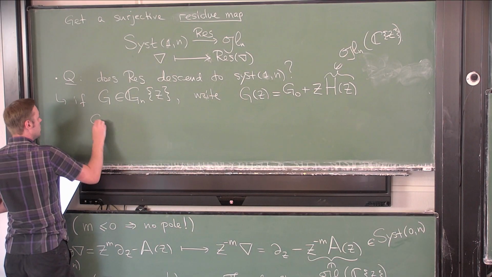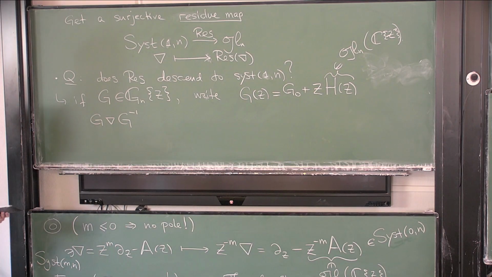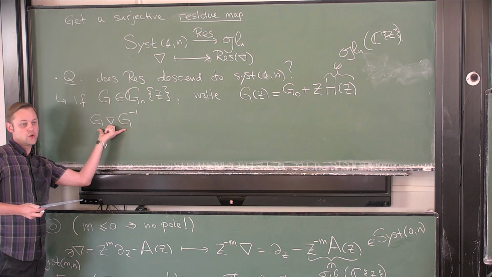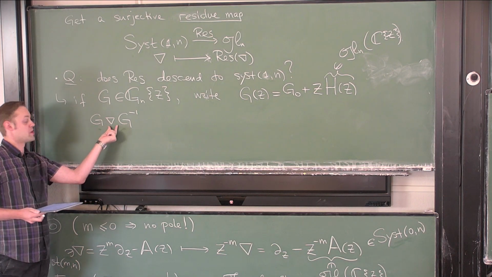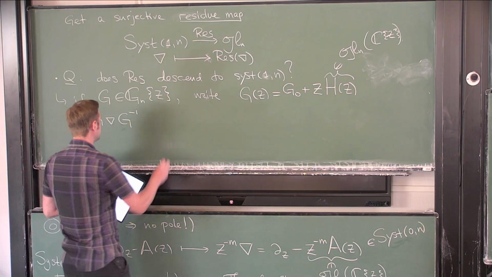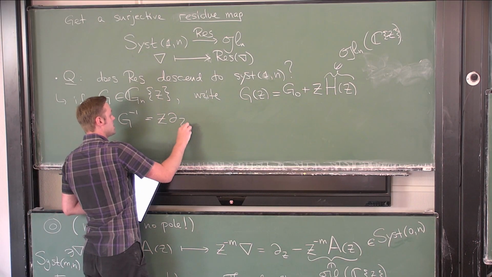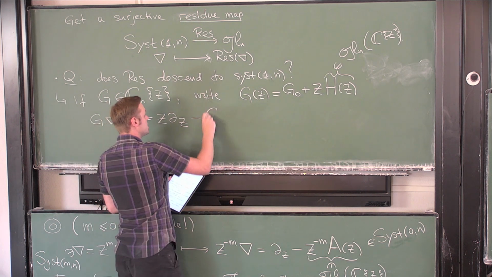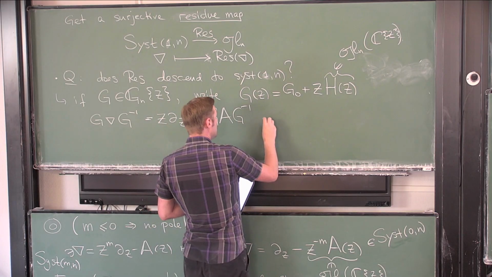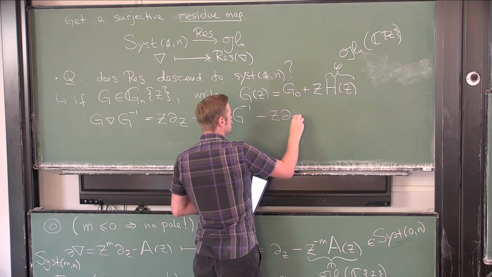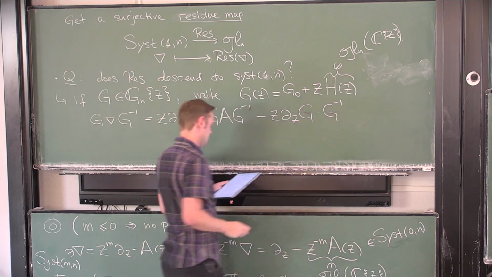So suppose I want to calculate this and see this conjugated new system, its residue, how does that residue relate to the residue of nabla? So let's see, what do we get? Let's expand this, so we get Z del Z minus GA G inverse minus Z del Z G times G inverse.